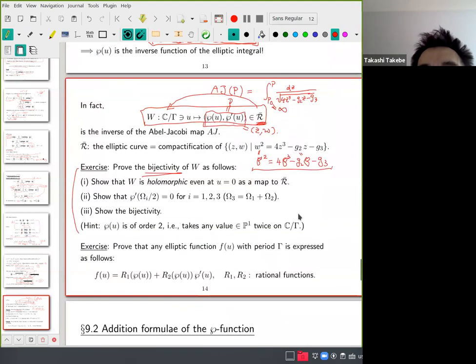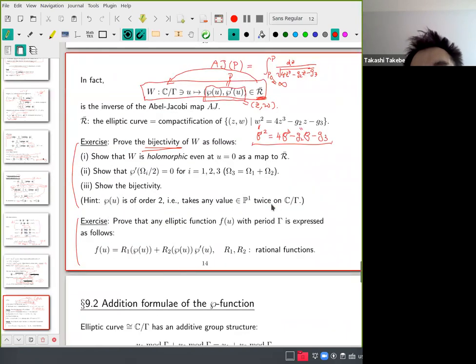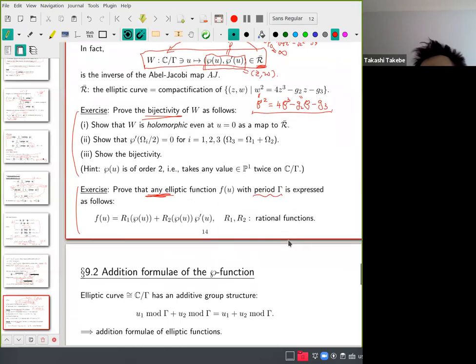And the other very good property of this P function is that any elliptic function is expressed in terms of P and P prime.